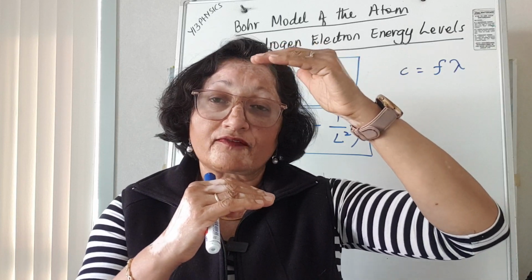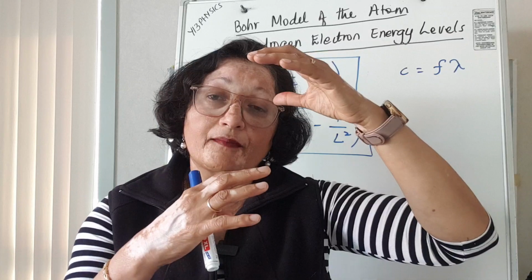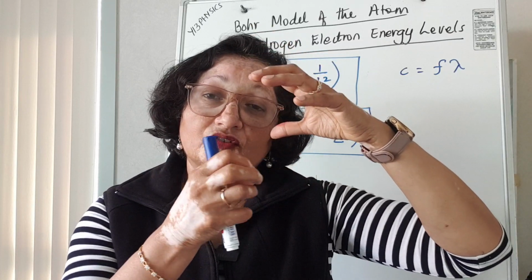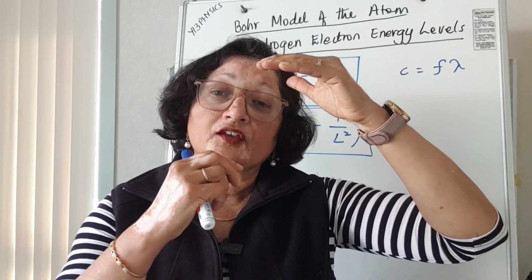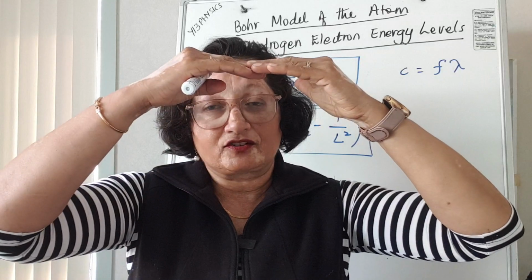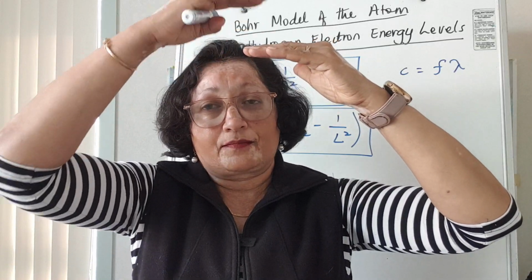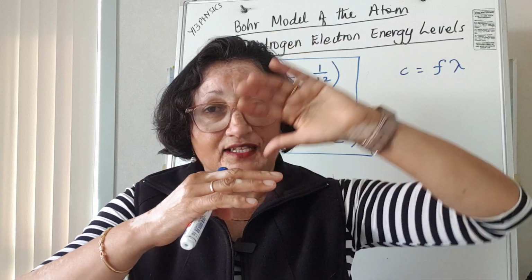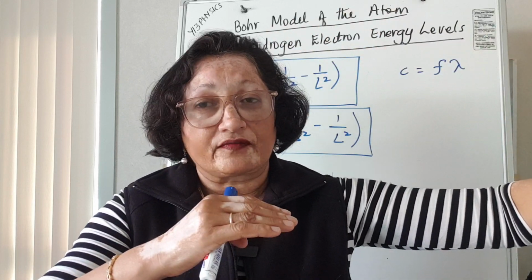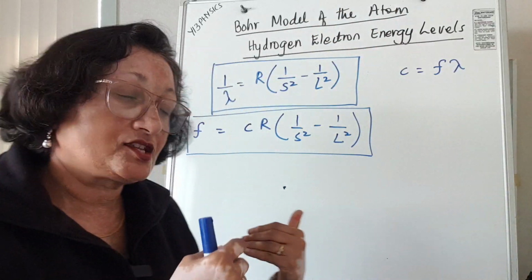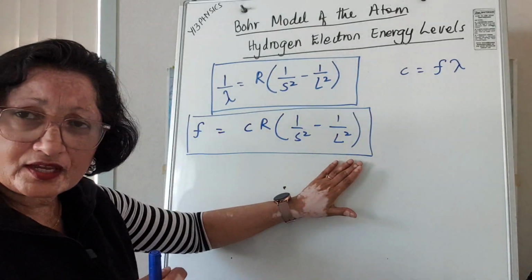Now, in order to find out the amount of energy that is required by an electron to go from one energy level to the other, or when it falls from a higher to a lower energy level and gives out a photon, the energy is given by this equation. So you've got the frequency.